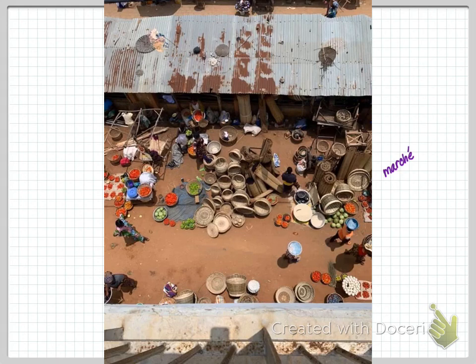And Ouidah is one of the few cities in Benin that has a market every single day. And that's only because it's a relatively large city, about 30,000 people. So it's not like a tiny little village in the middle of nowhere. I can answer any questions you want about this, including how women wear buckets on their heads. It's a lot easier than you think.